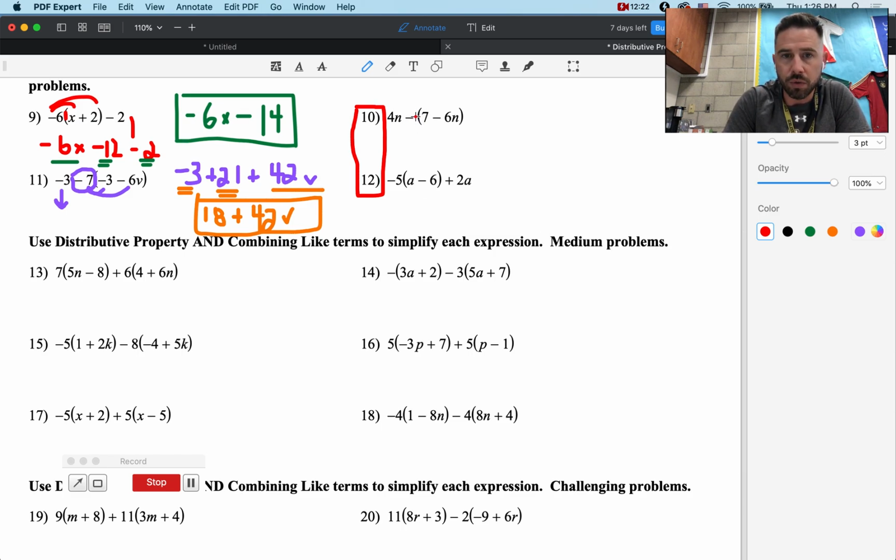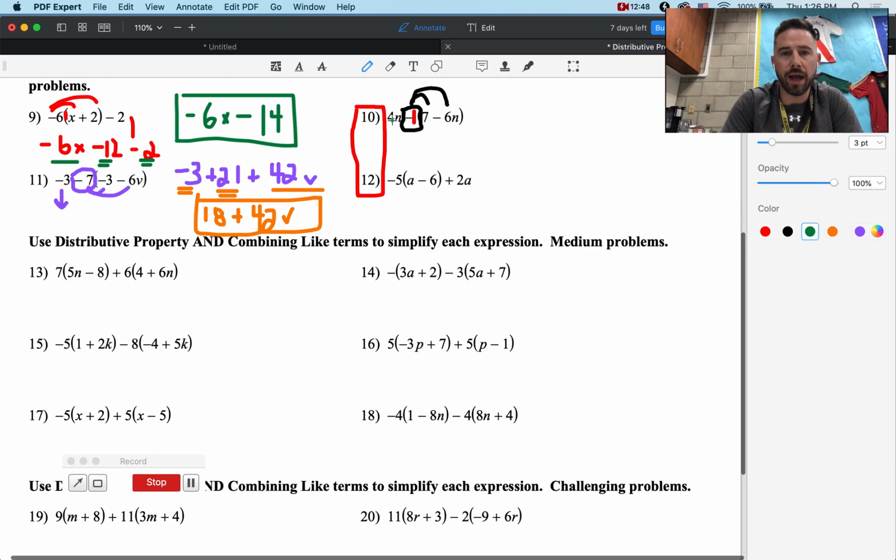No, you don't. You need to put a 1. So this is really -1. Look, I'm going to circle it. This is our -1 right here, and that's what you need to distribute. Okay, so go ahead and press pause, work on 10 and 12, and come back to me when you're done.